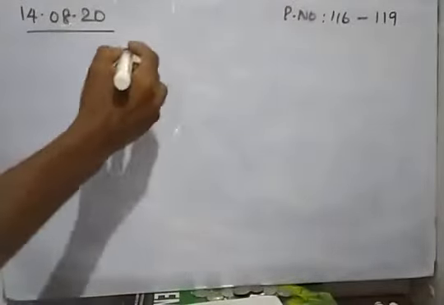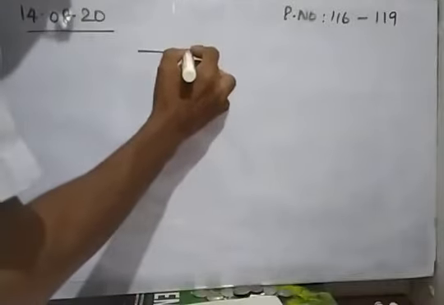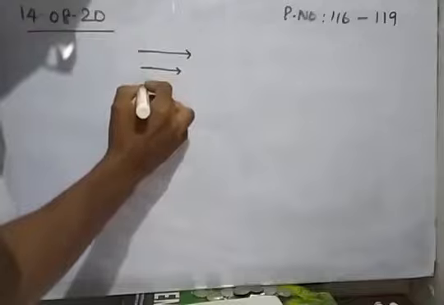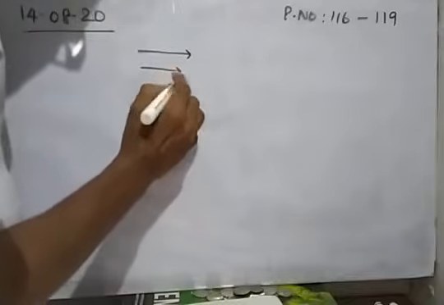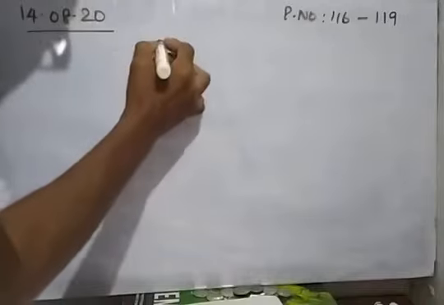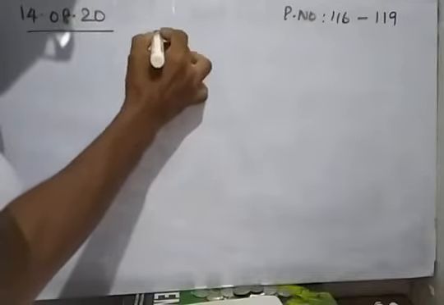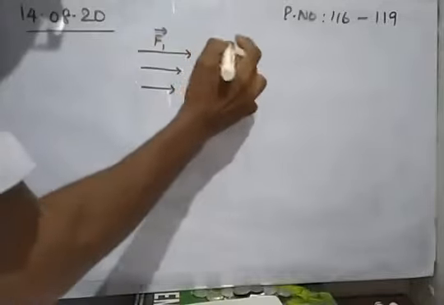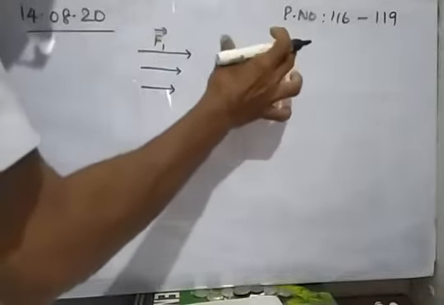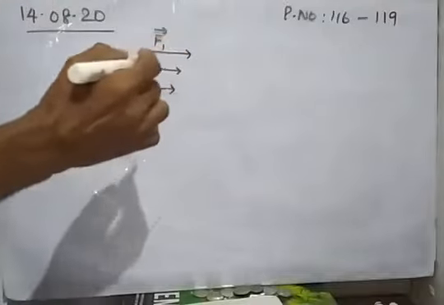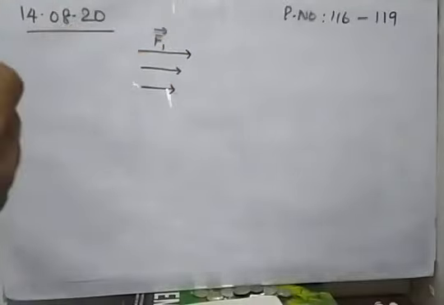Force is a vector, which is represented by a line segment with an arrow head. Therefore here there are three forces that are acting along the same direction. Here the magnitude of the force F1 is greater because the length of the line segment gives the magnitude of the force, and the direction of the force is given by the arrowhead.